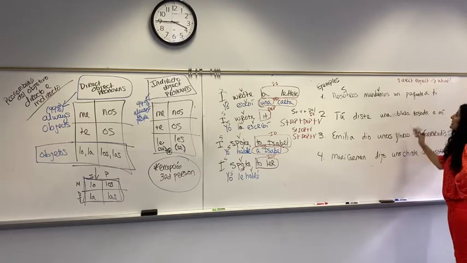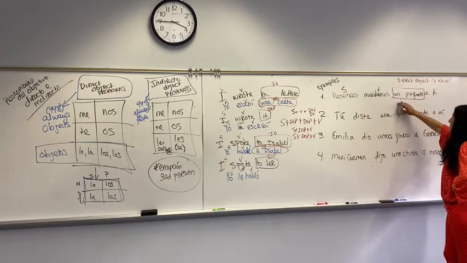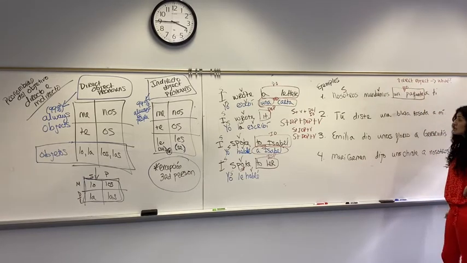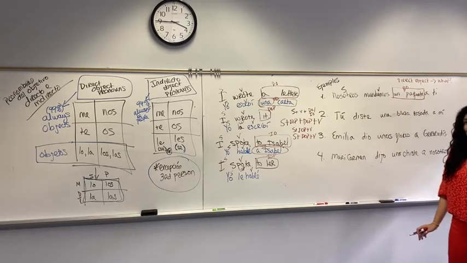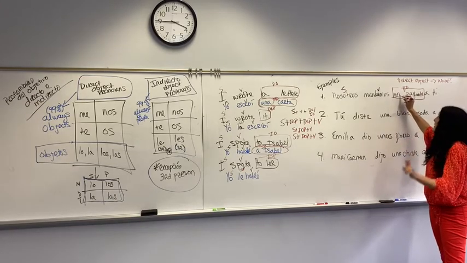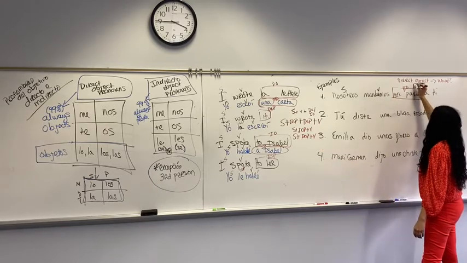What did we send? We sent a package. Okay, so we know that that has to be the direct object. We also know that package is masculine and singular because we have un here. So if we look at the pronouns, we know that it's going to be lo.